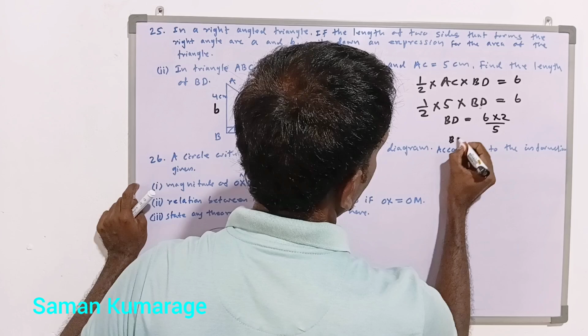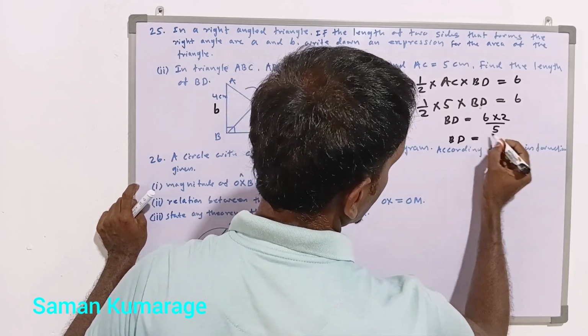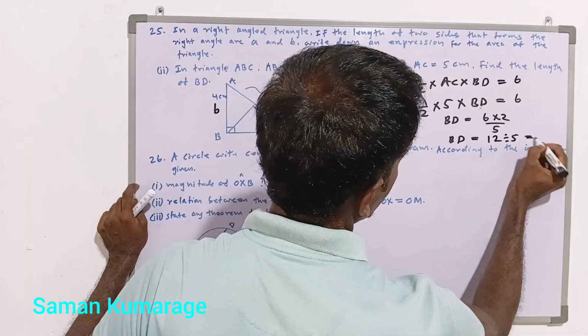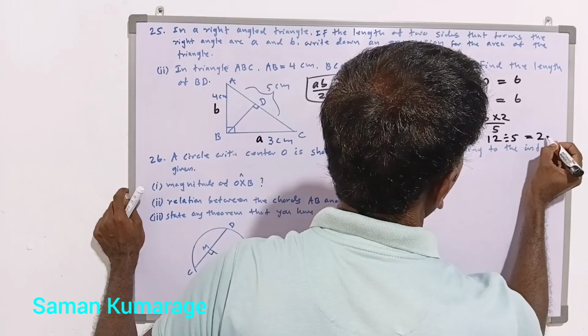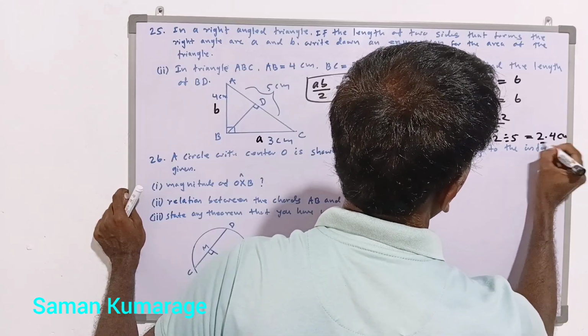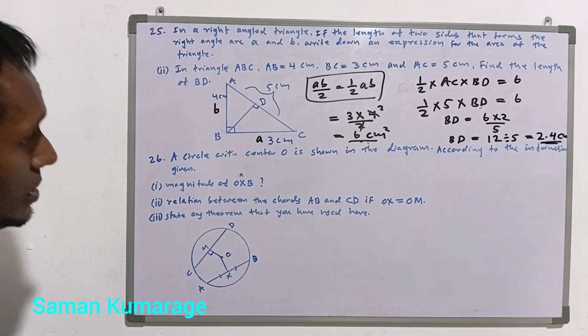So finally you will get 12 divided by 5 equals 2.4 centimeters. 2.4 centimeters as the BD length.